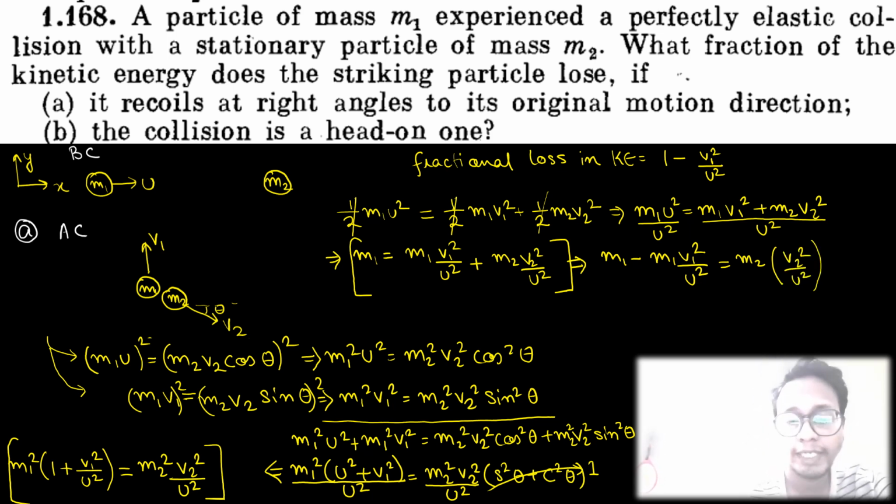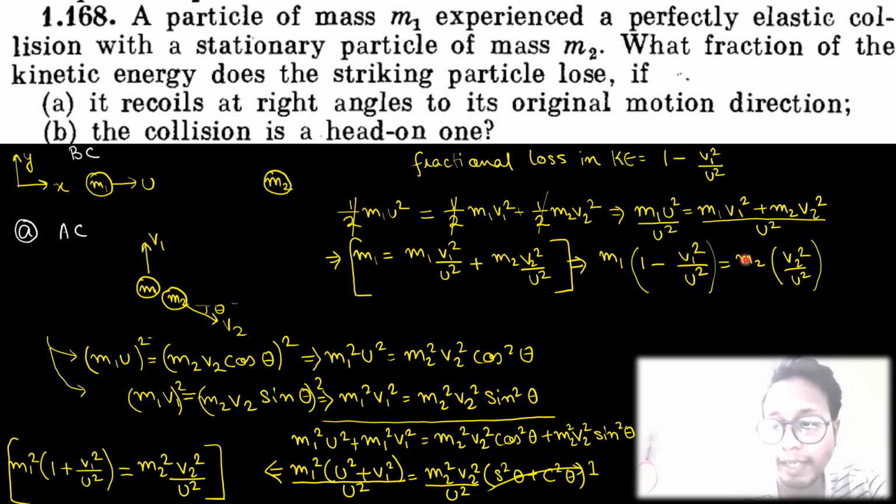If I take m1 common out here, it will be m1 times 1 minus v1 square by u square.